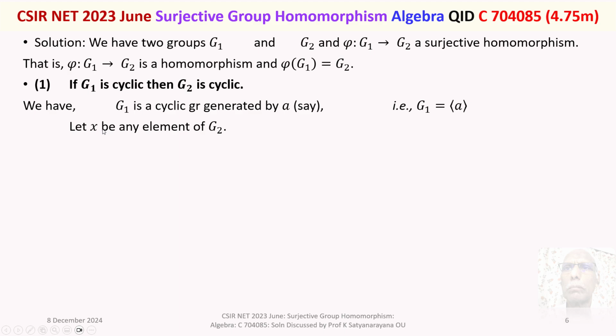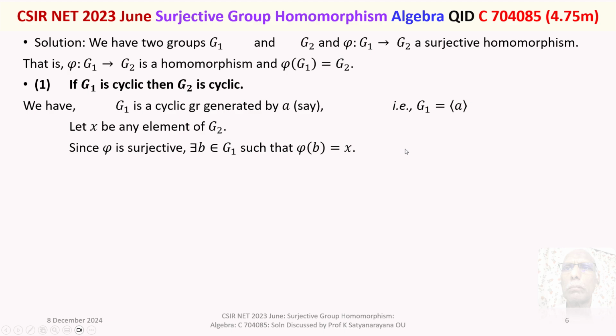Let x be any element in G2. Since phi is a surjective homomorphism, it has a pre-image. That is, there exists a B belongs to G1 such that phi of B is equal to x.